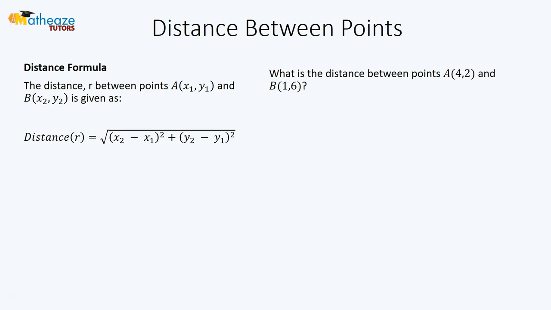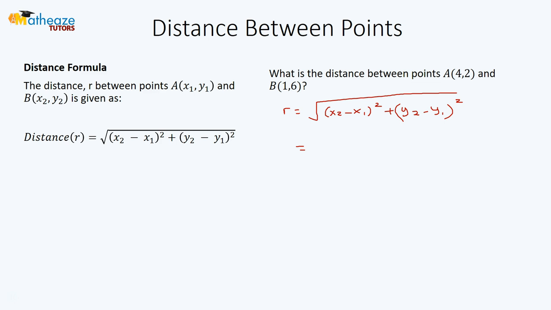Another example. What is the distance between the point A (4, 2) and the point B (1, 6)? So R is going to be equal to the square root of (x2 minus x1) squared plus (y2 minus y1) squared.